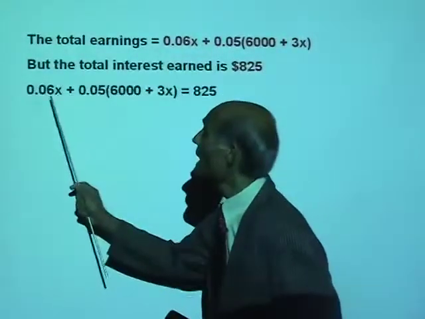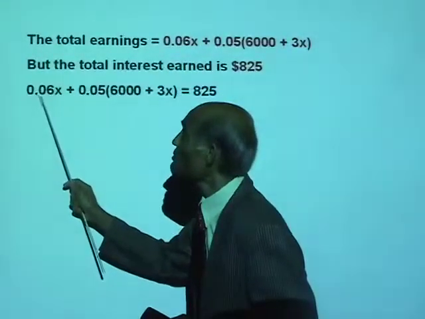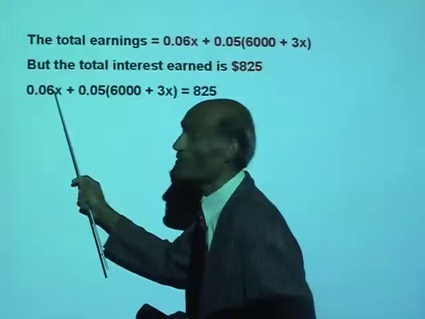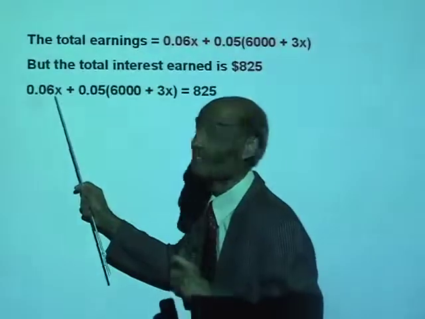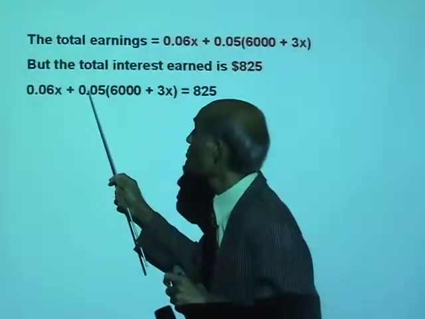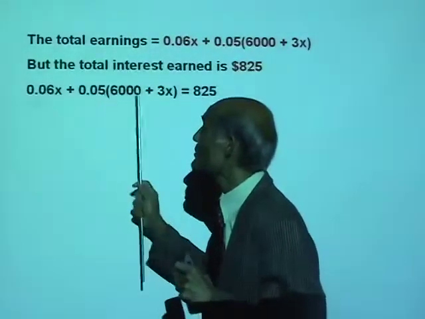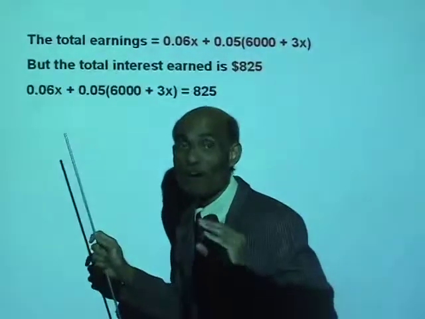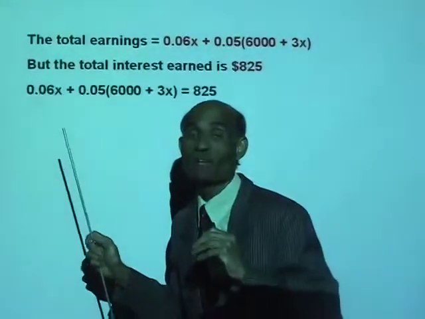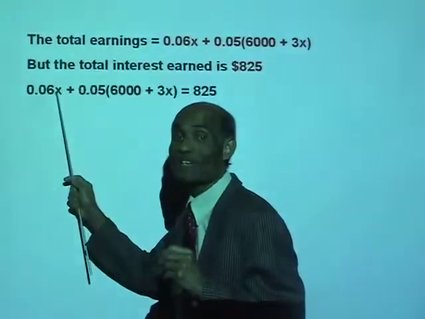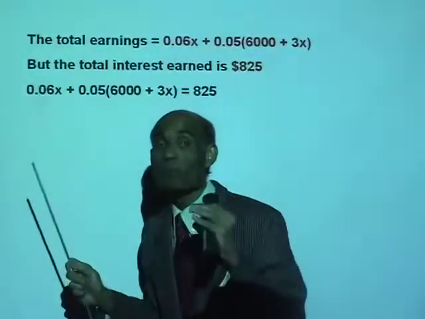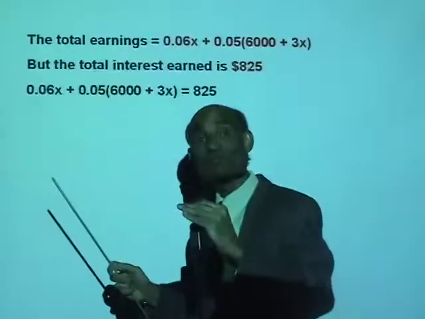Well, move the decimal 2 places to the right so that 0.06 will become 6, and 0.05 will become 5. Moving the decimal 2 places to the right is obtained by multiplying by 100.